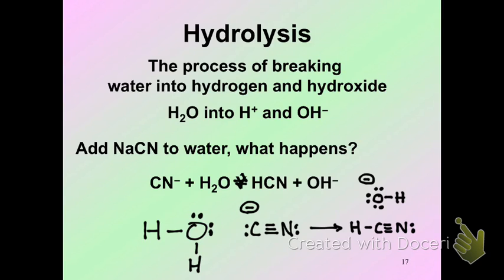The CN is going to take this hydrogen. So you'll notice the arrow starts at the electrons. That's the start, and ends on an atom.